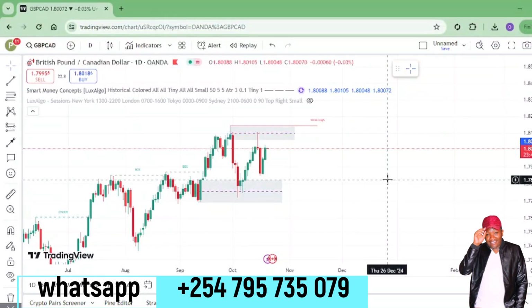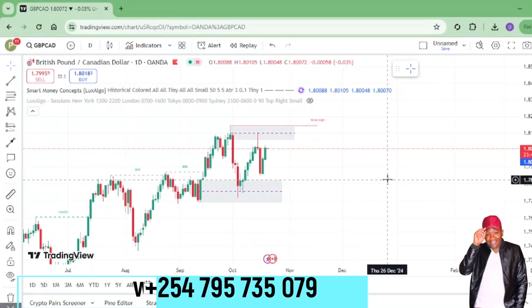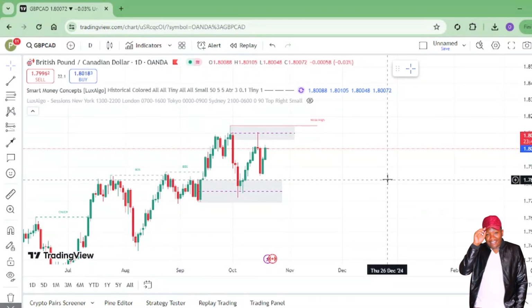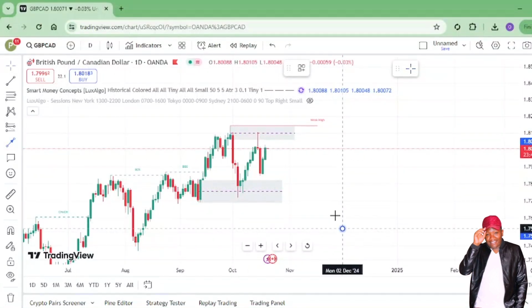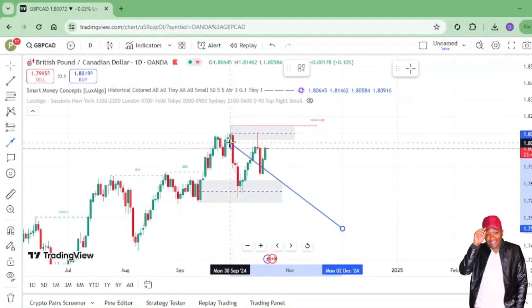Now, on supply and demand, when you're waiting for the market to come back to a demand, the market comes back and taps the 50% of the rectangle tool that you used to mark the supply. You understand? So, for example, the market is coming back here, but now I've drawn it using a rectangle, and my rectangle is divided into two.